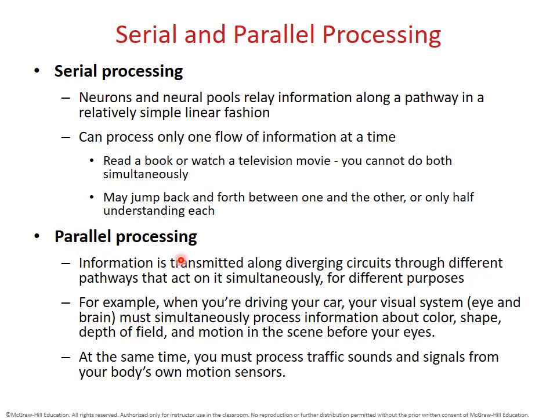So this is what we use parallel processing for. We want to do multiple tasks at the same time. And again, this is what we generally refer to as multitasking. And different people seem to be better at one of these than the other. So you have the stereotype of the absent-minded professor who is so good at serial processing, so focused on one thing that he or she may not notice other things that are going on around them.